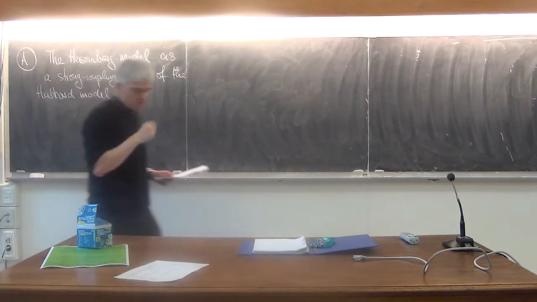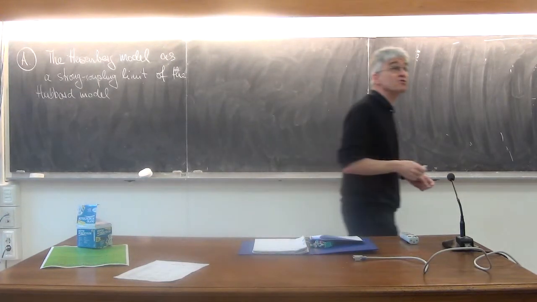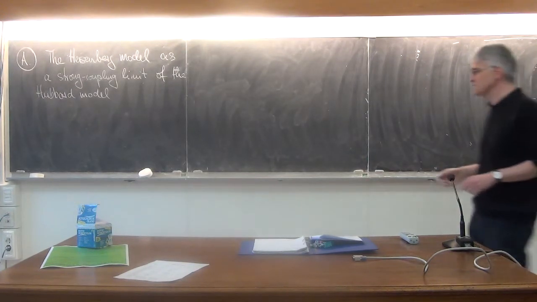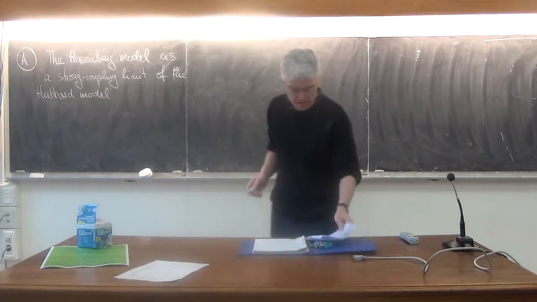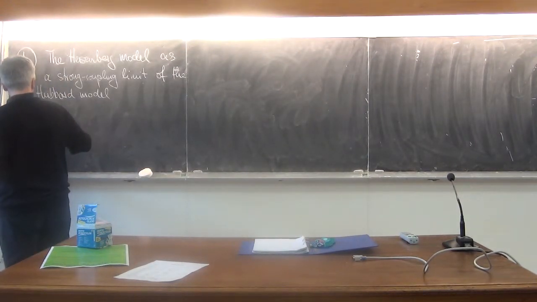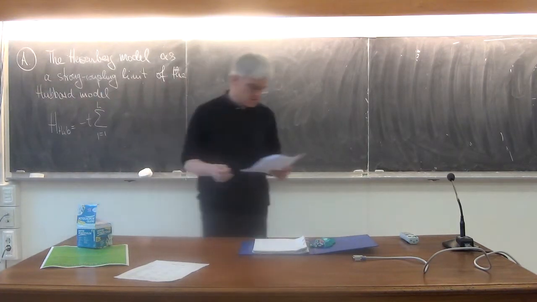Okay, and so what is the Hubbard model? The Hubbard model is the standard model for interacting electrons in a conductor, so in a metal or in an insulator. Let me first of all write the Hamiltonian. What you have there is a tight binding model, so just electrons.